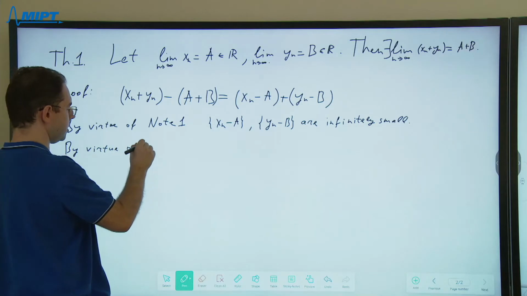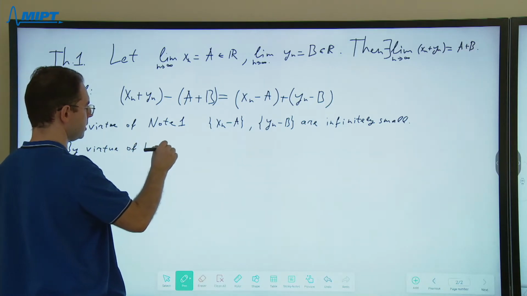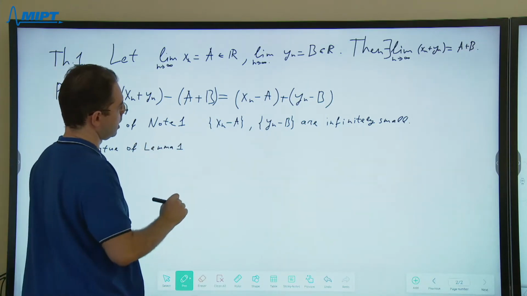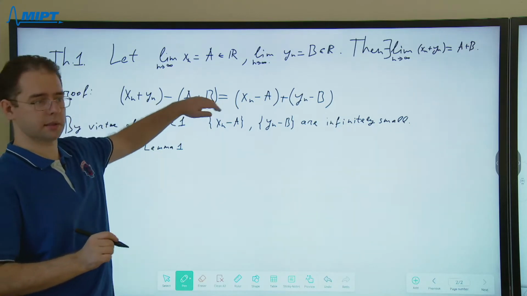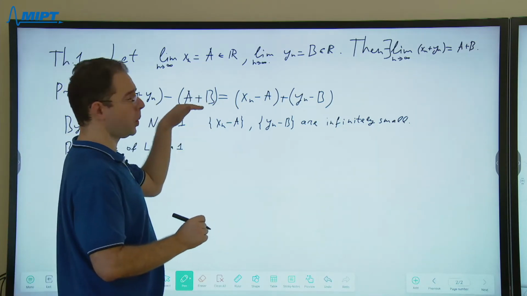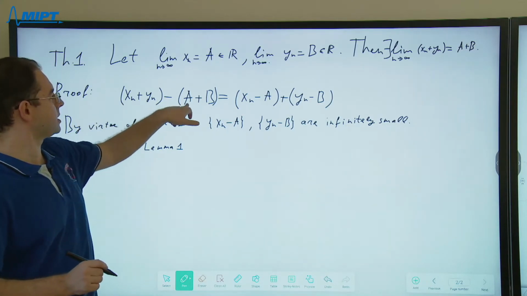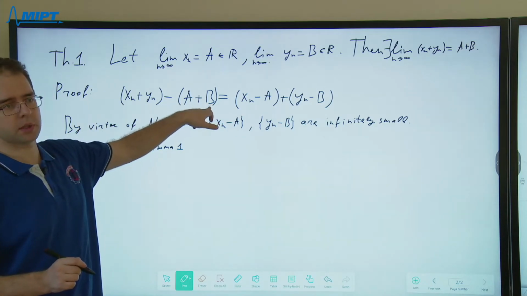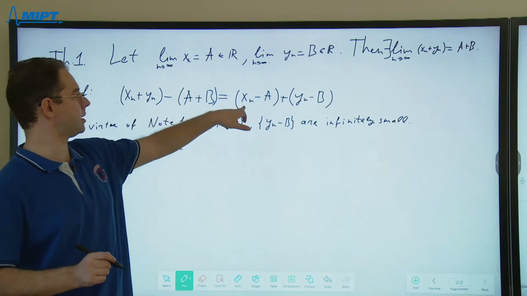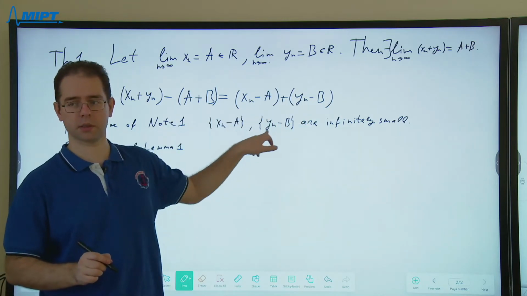By virtue of Lemma 1, using this identity, we just see that this sequence xn plus yn minus a plus b is just the sum of those two sequences.